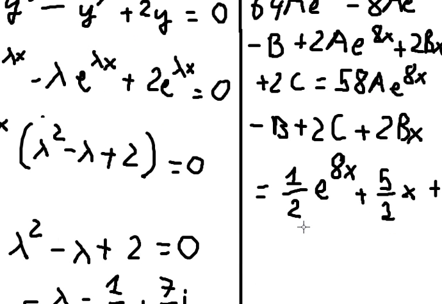So we need to compare coefficients. About e to the power of ax, we have the coefficient of A equal to 1 over 2, so we have one equation.